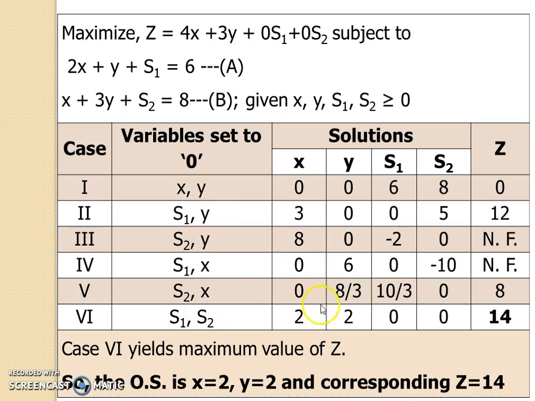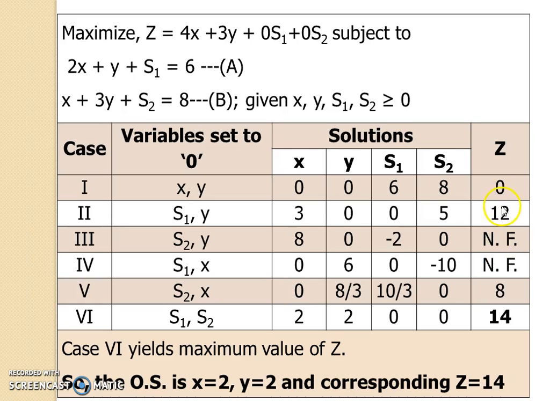But it is notable that for case number 3 and case number 4, we get negative values for the variables, which are not permitted in the linear programming problems, because we have put non-negativity constraint as the part of the problem. Therefore, these 2 cases are not feasible.